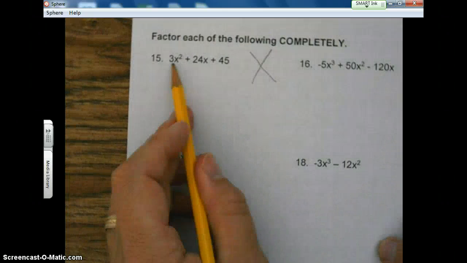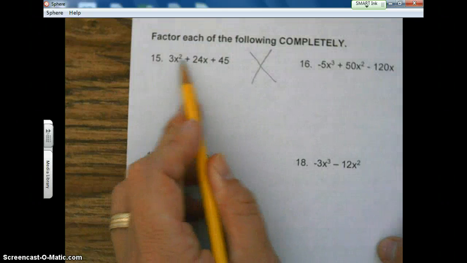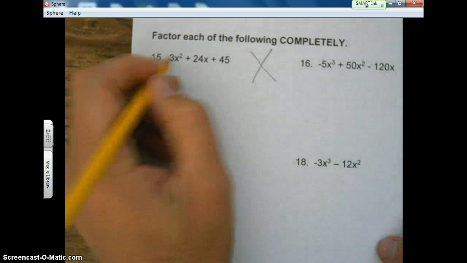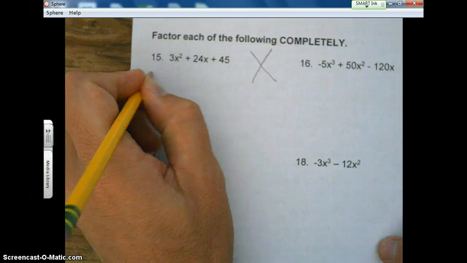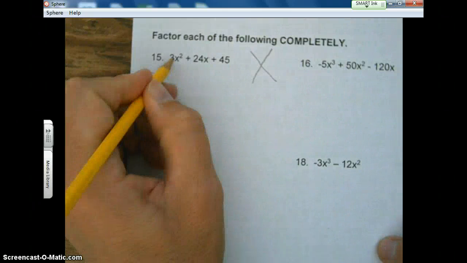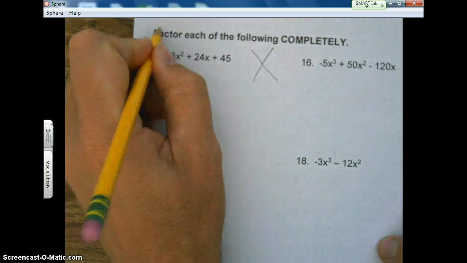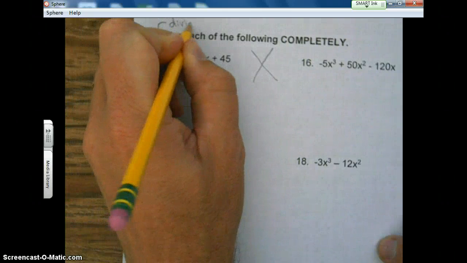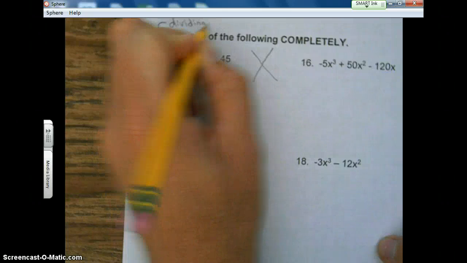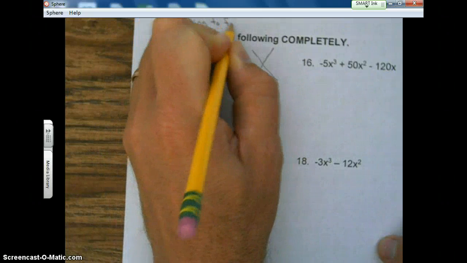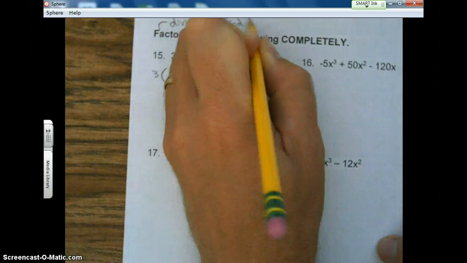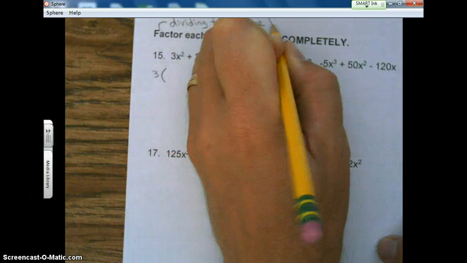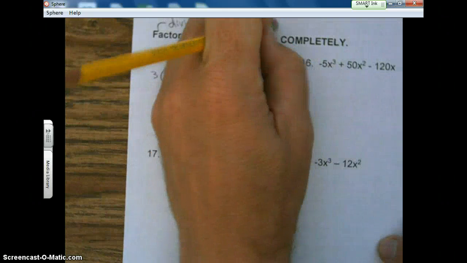It's obviously not the difference of two squares. Let's go ahead and bring that 3 out first. So remember, factoring means dividing to find the remaining factor.